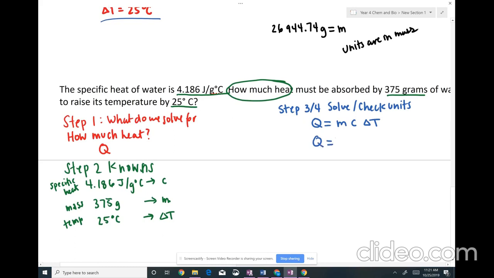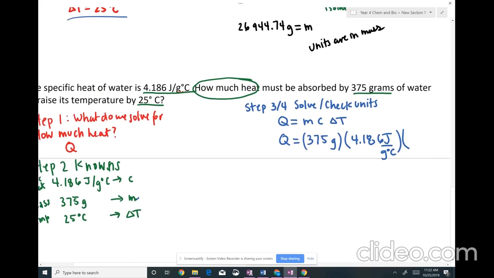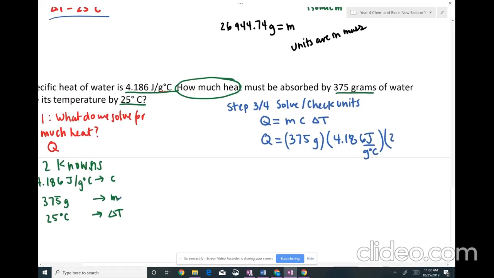We have our mass, which is 375 grams. Then we have our C, which is 4.186 joules over grams degrees Celsius. And then we have our temperature, which in this case is 25 degrees Celsius.